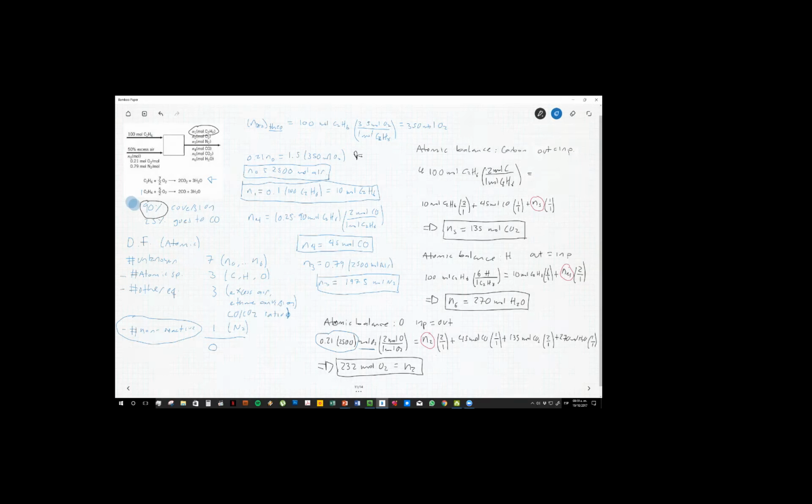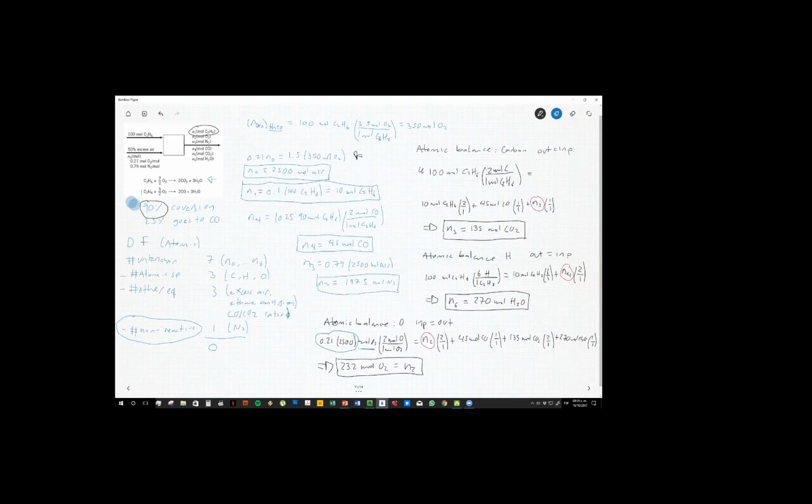Because 2,500 is the amount of air, but air has oxygen and nitrogen. So here we're doing an atomic balance of only oxygen, so we need to calculate the amount of oxygen, that is the 21% of the inlet of air. Okay, thanks. You're welcome.